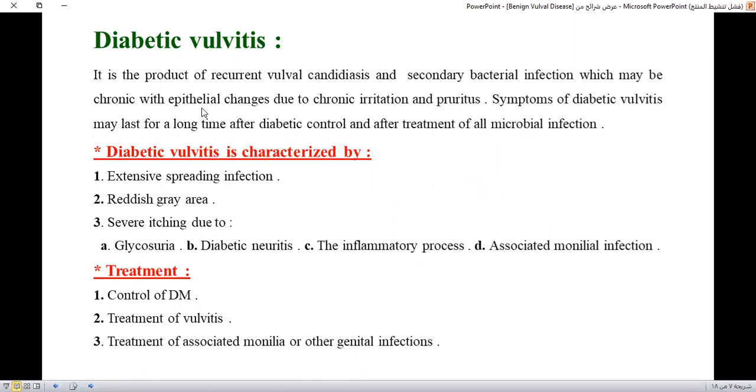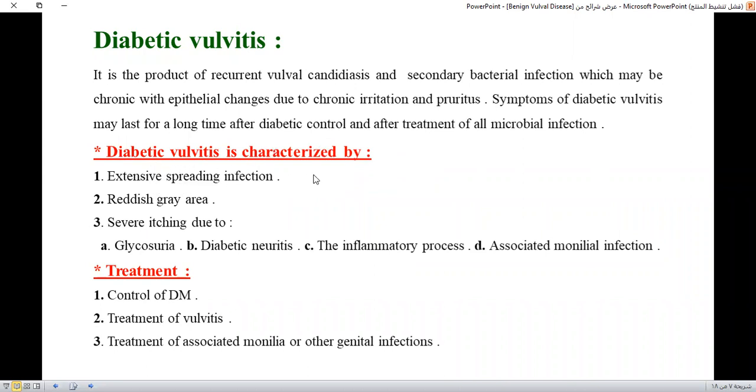The features of diabetic vulvitis will be recurrent vulval candidiasis, maybe with secondary bacterial infection. This means the patient is diabetic and comes uncontrolled. Even if we control the random blood sugar, she may still have this candidiasis for a long time and after treatment of all microbial infection. What are the characteristics of diabetic vulvitis?